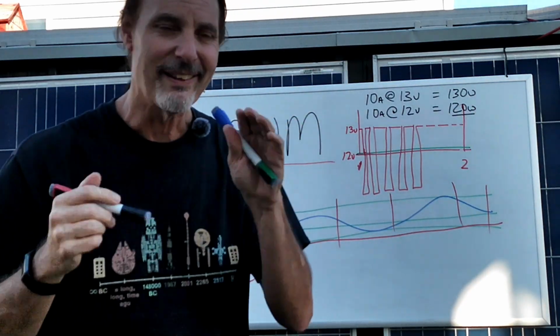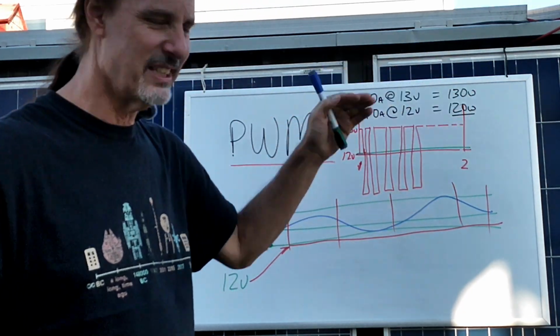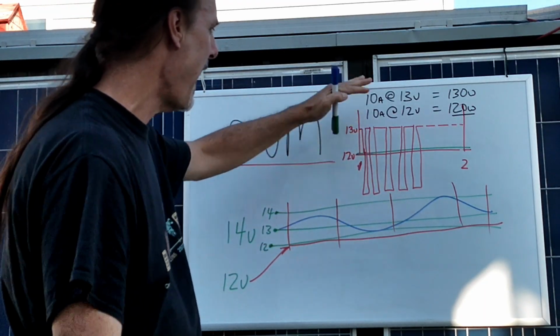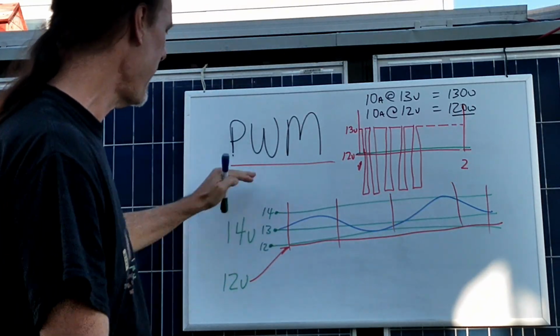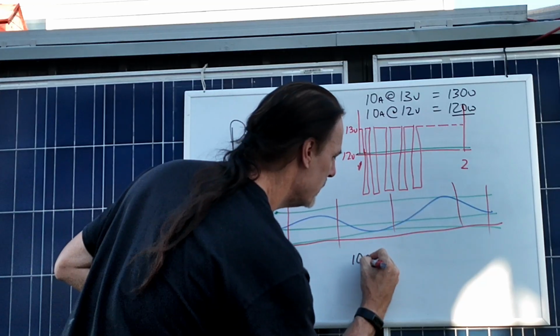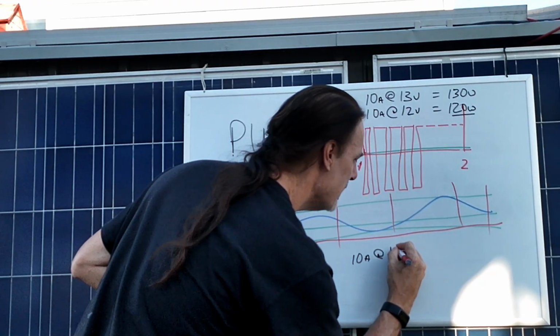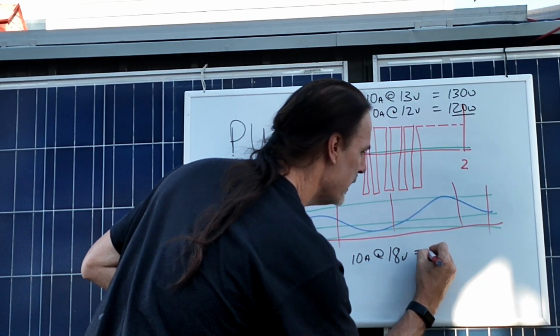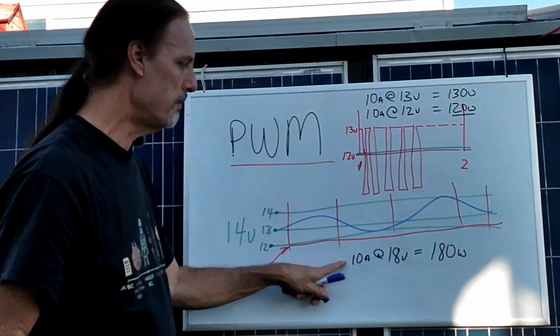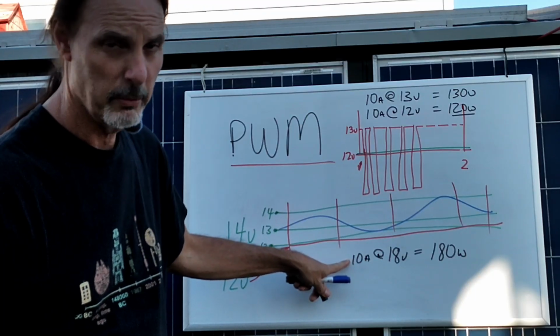So there will be a loss of 10 watts here in this modulation of this power as it does it. Now, if your panels are actually putting out, so let's say 10 amps at 18 volts, and you're getting 180 watts, if you were to put that into an MPPT, you would get 180 watts.